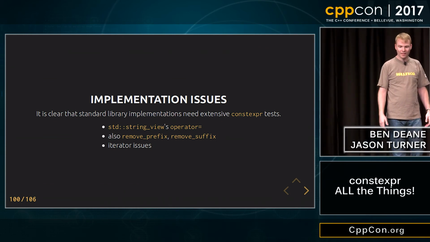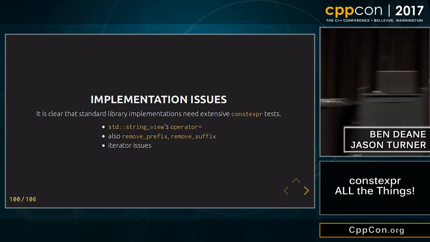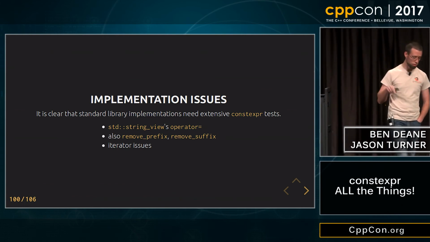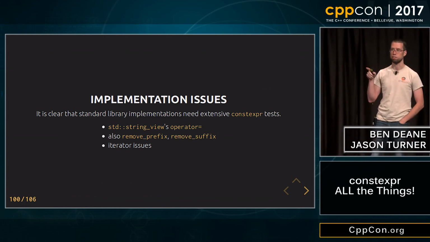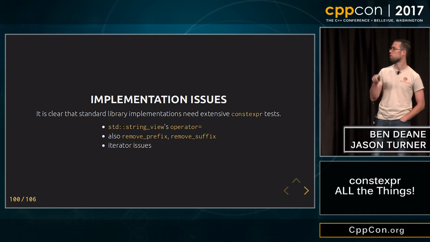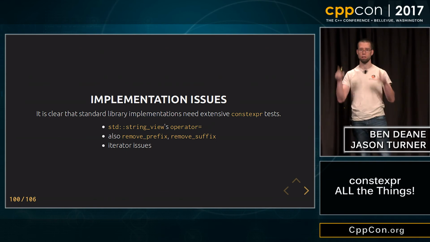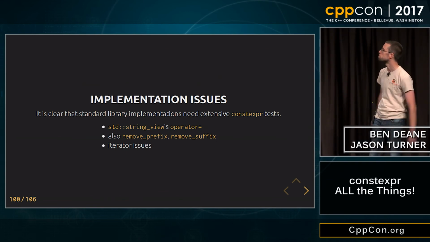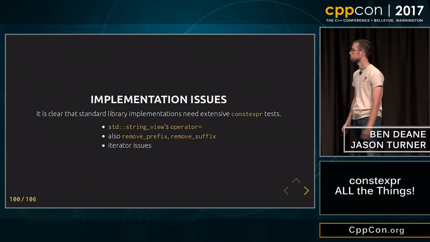Yeah, and the one that I think is a little humorous, not a jab at the implementers at all, is that in GCC 7.2 you still cannot construct a string_view constexpr, because it tries to call the non-constexpr strlen to calculate the length of the character literal that you passed. From a character literal, you mean?